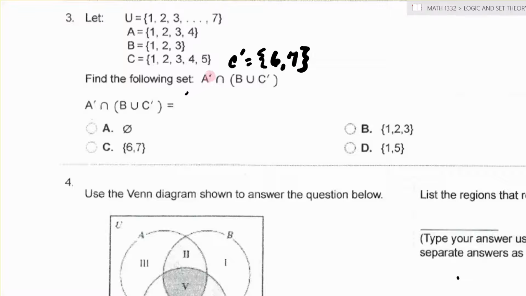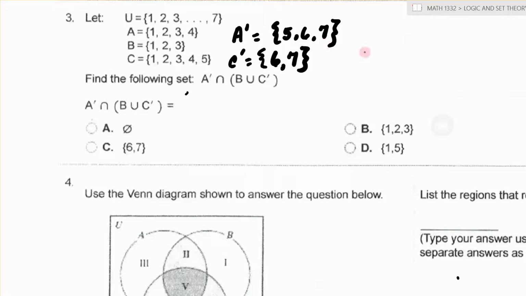I'm going to need the complement of A in my calculation, so I might as well get it. It's everything in the universal set that's not in A. So I can't take 1, I can't take 2, can't take 3, can't take 4, but 5, 6, and 7 are in that complement.